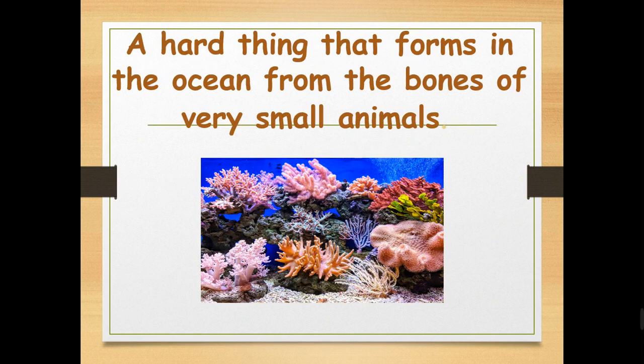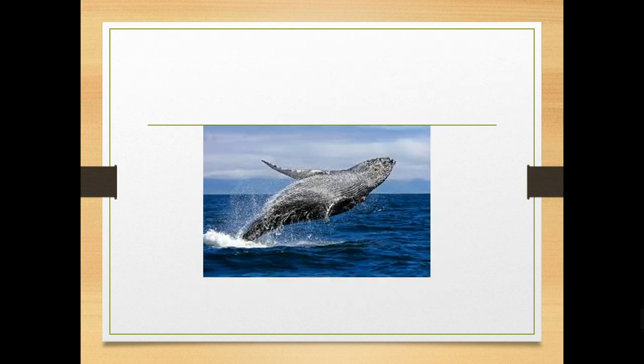The bones together form this coral, and when you touch it, or I can guess if anybody goes diving underwater before, you can see it very clear and recognize it. It's very hard because it's made of bones of the animals.